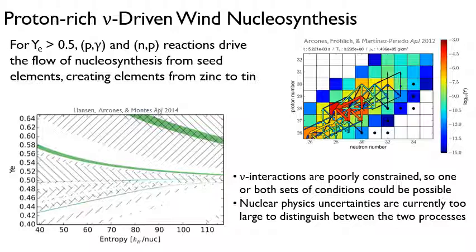These are too uncertain to distinguish between them. So we're working on measuring those in the lab, either directly or indirectly, to try to figure out how these elements were made. As a fun fact, this is kind of the last region of the periodic table where we don't know where the elements were made at all, which is sort of cool.